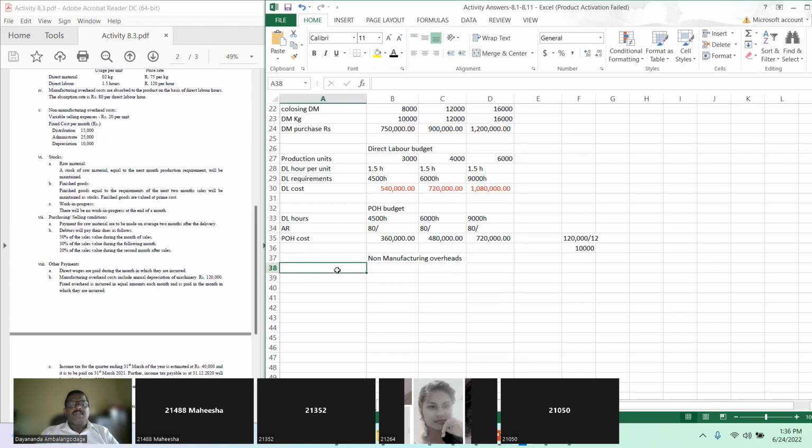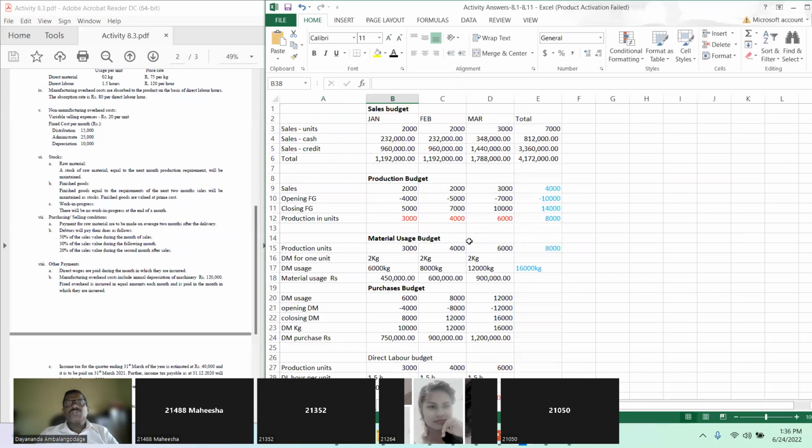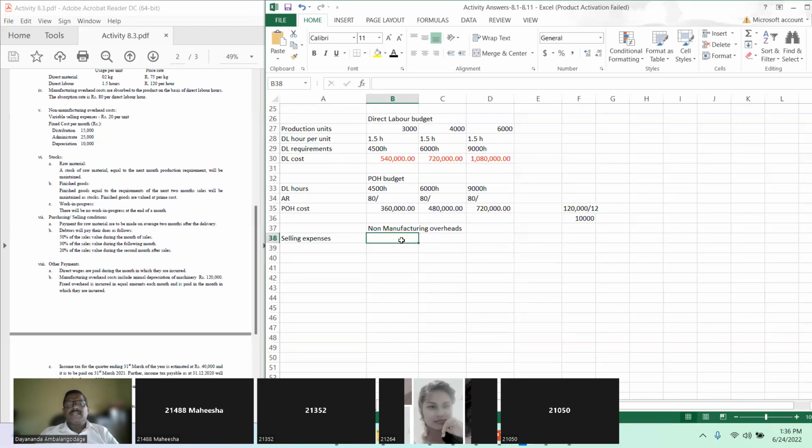We have the variable selling expenses. Of course, selling expenses depend on the sales volume, which is given in the question as 20 rupees. Sales: 2,000 into 20 rupees, which is 40,000.